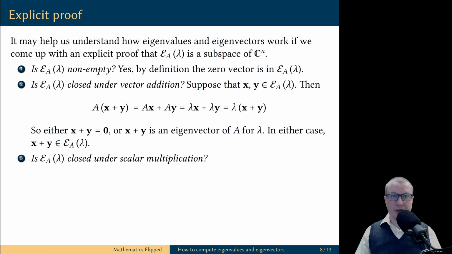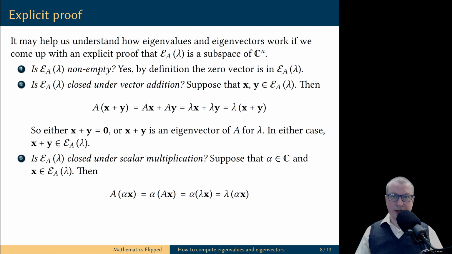Finally, third part, we need to show that this is closed under scalar multiplication. So let's take any scalar alpha and any vector x from the eigenspace. Then we look at the matrix vector product, matrix A, and the vector alpha x. Using properties of matrix multiplication, we can move the scalar in front of the product.